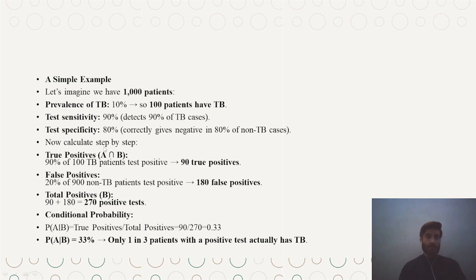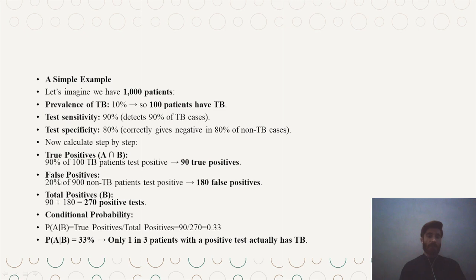Now let's calculate the conditional probability. What will be the true positive? True positive: 100 are the actual positive TB patients, and our sensitivity is 90%. So if we multiply these, there will be 90 patients who will be true positive.